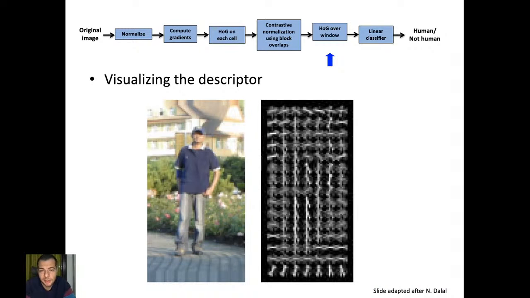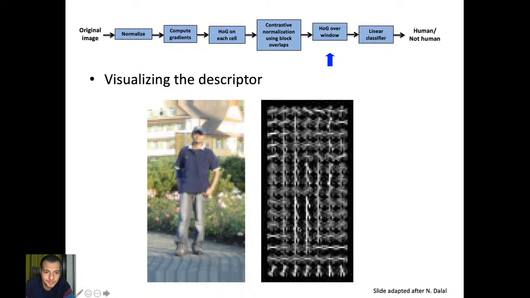Okay, so the descriptors are also very visually informative. For people, the descriptors are correlated, for example, to the legs.